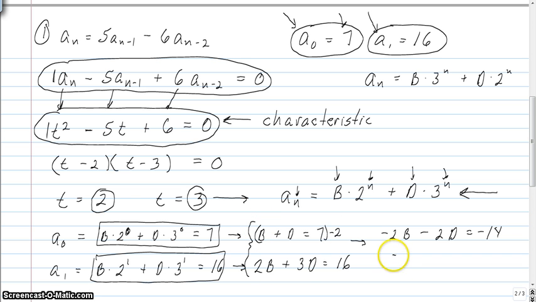I'm going to keep this second equation the same. And then if I add those two equations, that eliminates b. And adding these two, I get that d is equal to 2. Right?